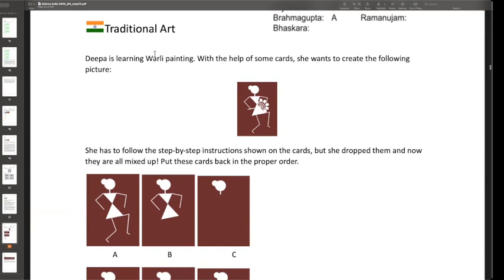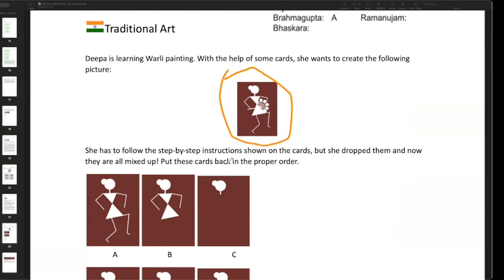So one person is learning a type of painting called Varley painting, which looks like this image over here. And to draw it, you have to use the help of some cards which show the instructions on how to make this. So you have to follow the step-by-step instructions.